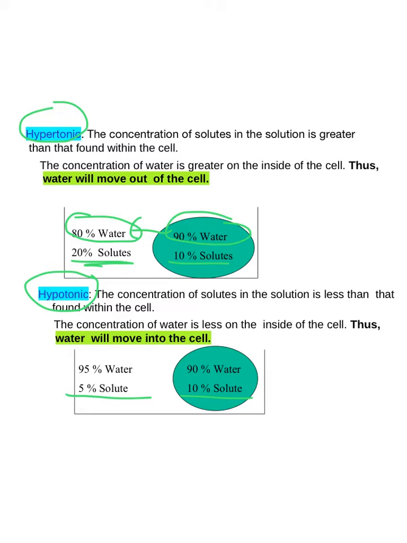It may or may not be able to get across the membrane. But you know that water will always get across the membrane. So if you have 5% dissolved solute in solution, you must have 95% water. Since 95% water is greater than 90% water inside the cell, water is naturally going to move from areas of high concentration to areas of low concentration and enter the cell. So in hypotonic situations, the cell is going to gain water.